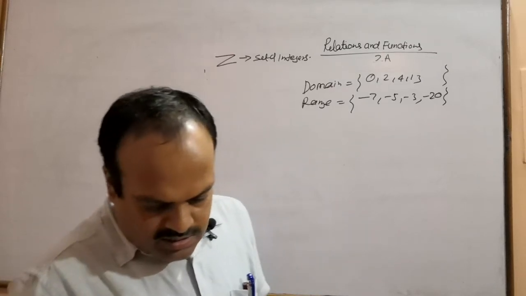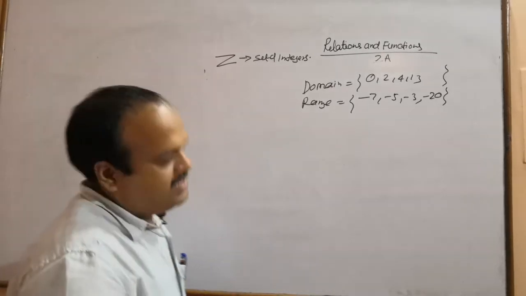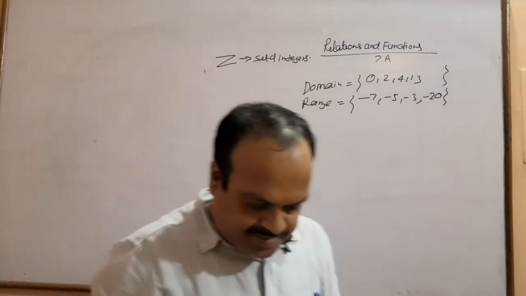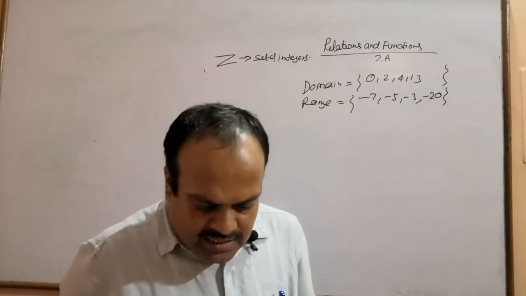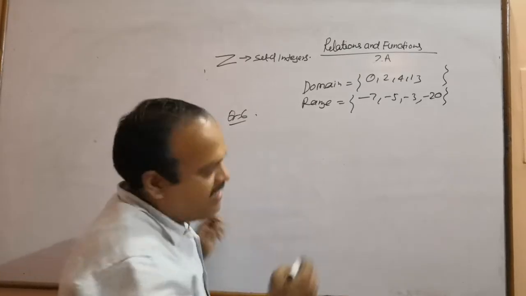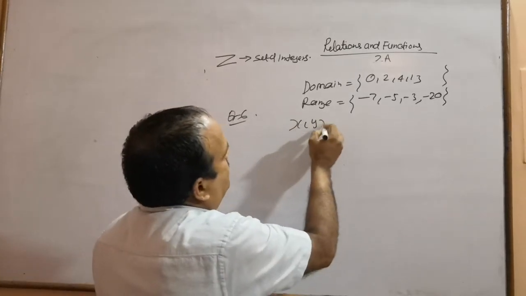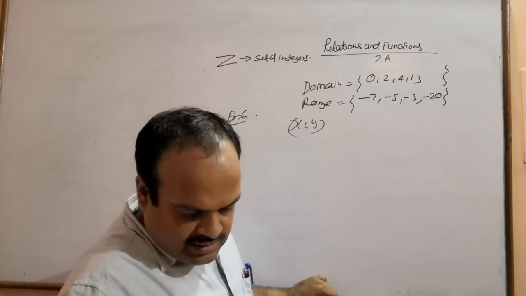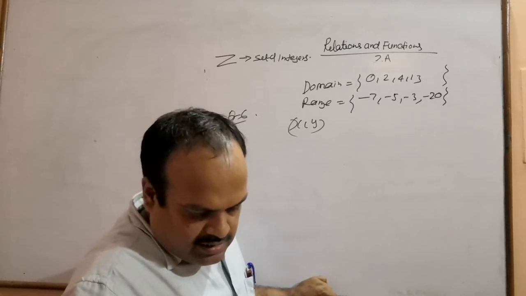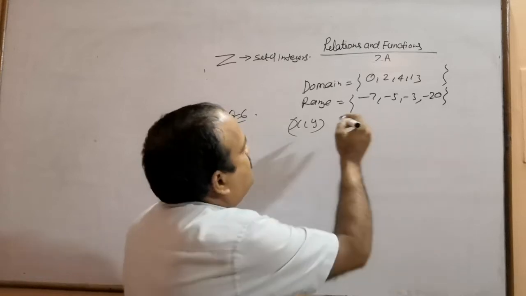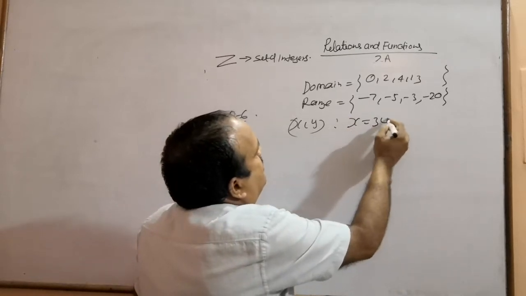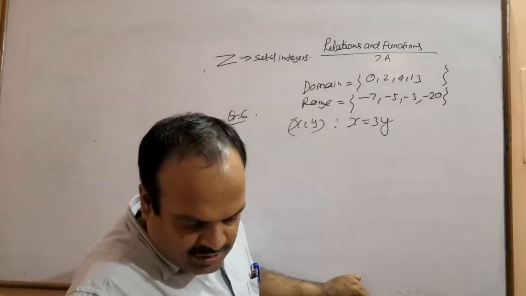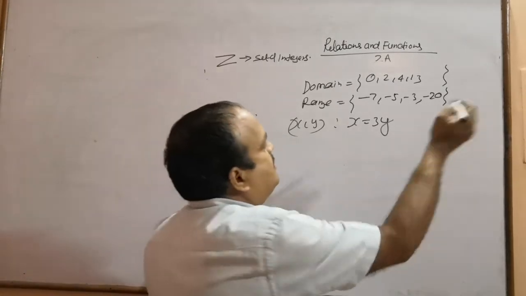Question number 6. We have to write down the domain and range of the relation x comma y such that x equals to 3y, where x and y are natural numbers less than 10.